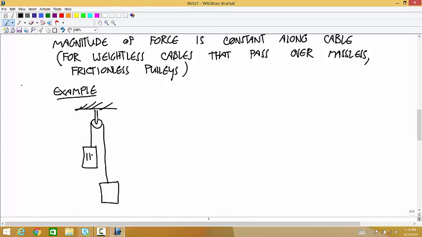Let's say this one's 1 kilogram, this one's 2 kilograms. And they're connected each to a cable that goes over this pulley. Free body diagrams of the two bodies look like this. The first one has a weight of 1 times g, and then an upward force of T.